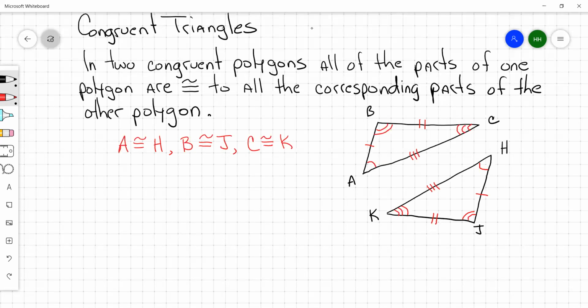It can be shown to you in picture form, or it can be shown to you in symbol form. In symbol form, it would look like AB is congruent to HJ. And BC is congruent to JK. And CA is congruent to KH.